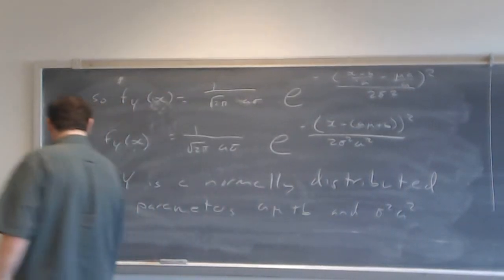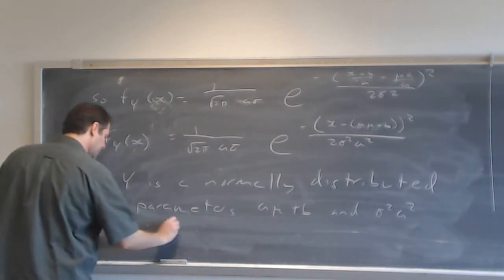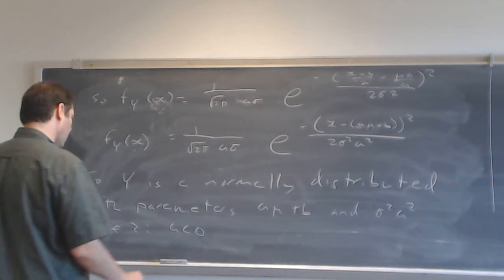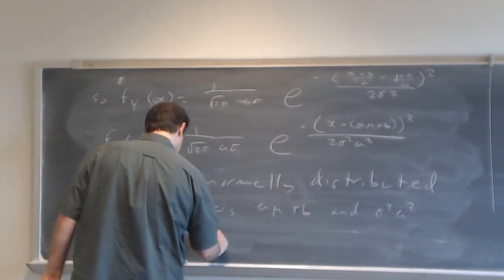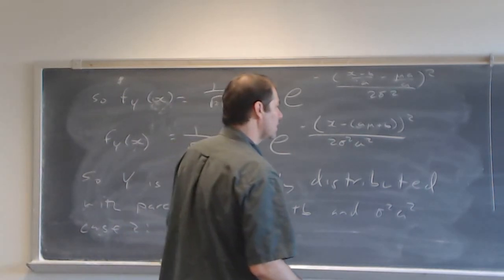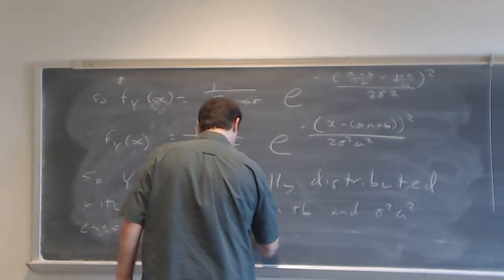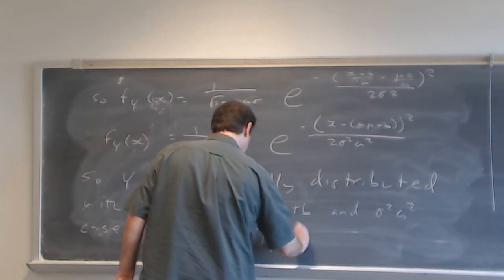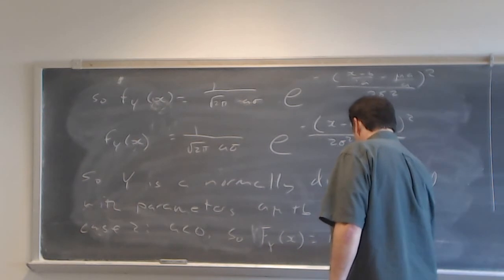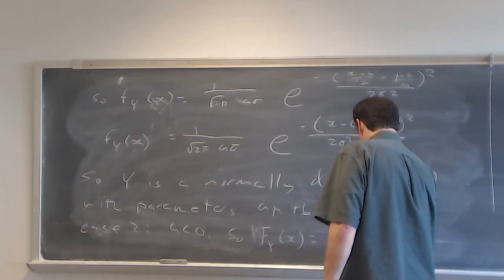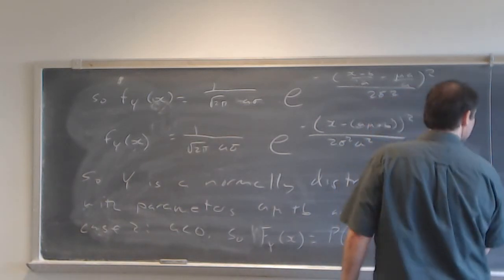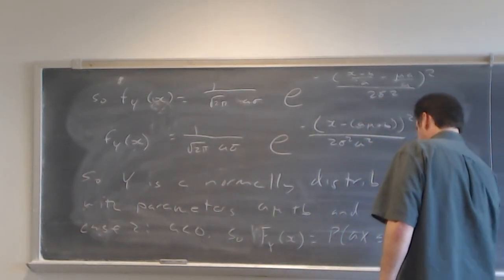Now we had another case. That was case 2, and that's where A is less than 0. So in this case, what we have is that big F sub Y of x, from where our previous work was, is equal to the probability that aX was less than or equal to x minus b. That's where we were.